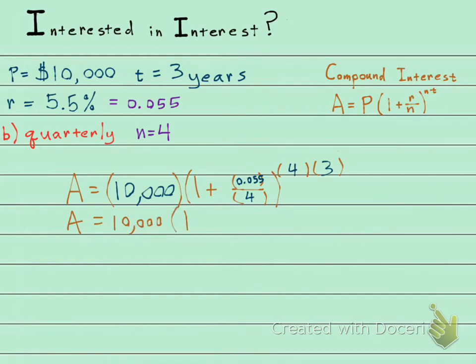10,000 times 1.01375 to the power of, what's 4 times 3? 12. All right.